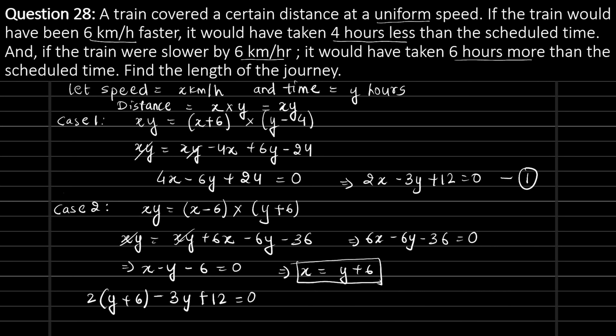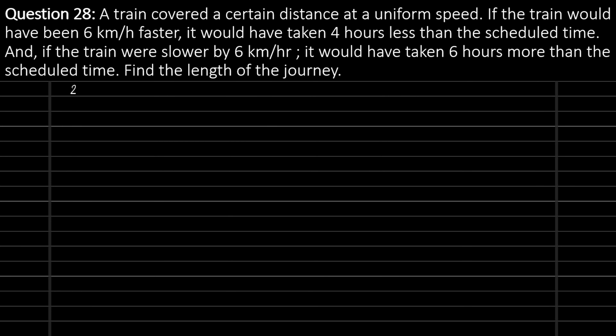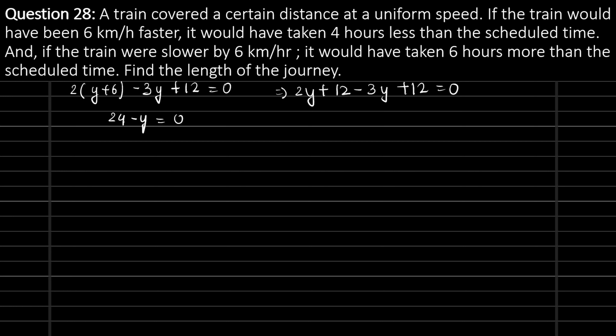Let's simplify it further. It will be equal to 2y plus 12, 2 sixes are 12, minus 3y plus 12 equal to 0. That is basically 24 minus y equals 0, which implies y equals 24.